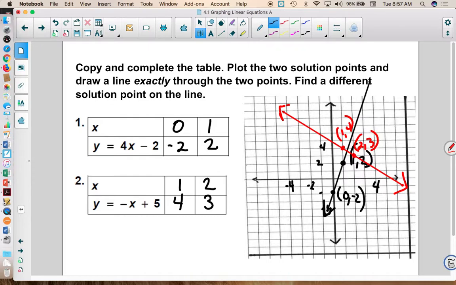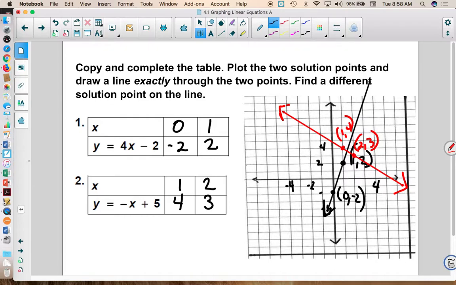Look at your first one. At what point does it cross the y-axis? Where's it at, Joey? 1.5 and 2.5? No, shouldn't be. We have 0, -2, and 1, 2. So at what point is it crossing that y-axis?